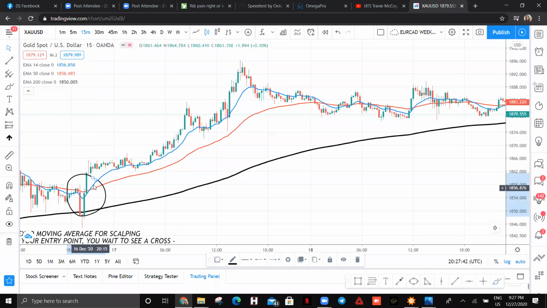And before this crossing happened, you will see that price had a big bullish candle, and this cross happened here. The 14 crossed the 50 EMA, and price closed above the 14 EMA and the 50 EMA. So this gives you an indication that I'm looking for more buy opportunities.